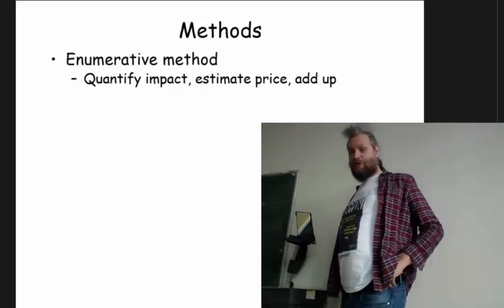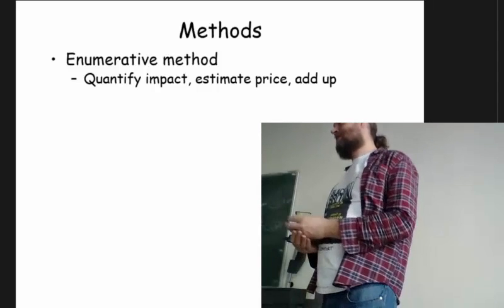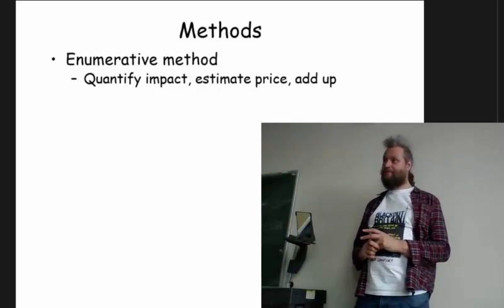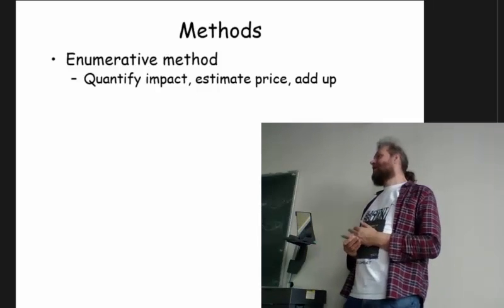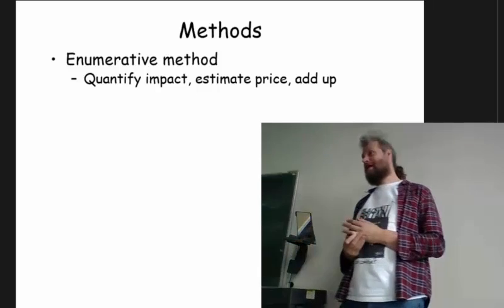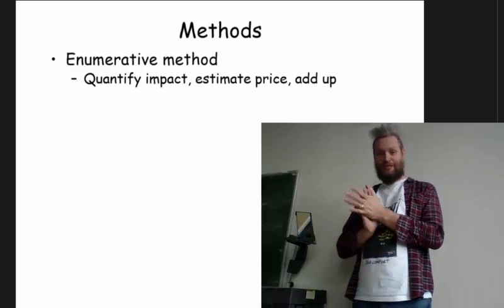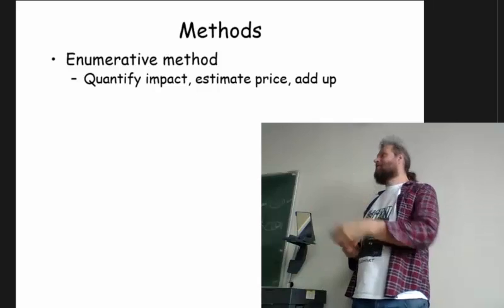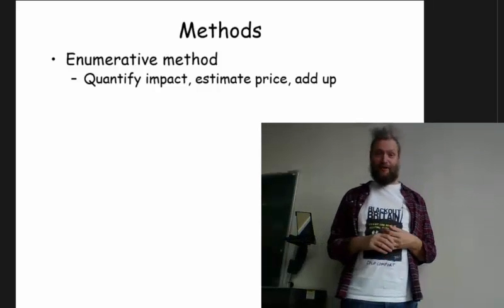By far the most common method is the so-called enumerative method, which is roughly what I did yesterday. That is, you come up with a list of the impacts and quantify them in their physical units, the biological units. You estimate the price. That's sometimes easy if we're talking about things that are traded on markets. It's sometimes hard if things are not traded on markets.